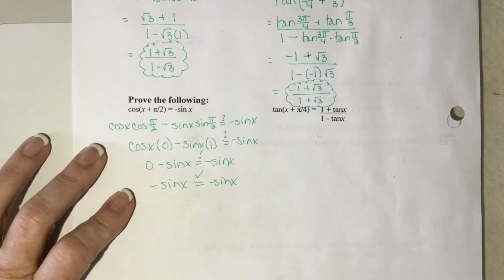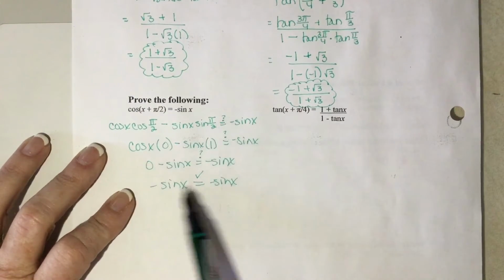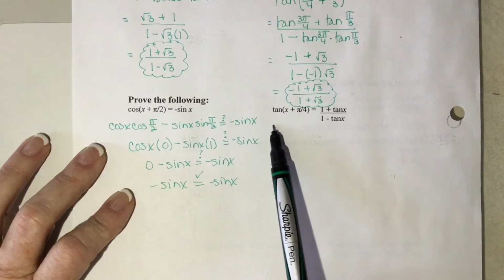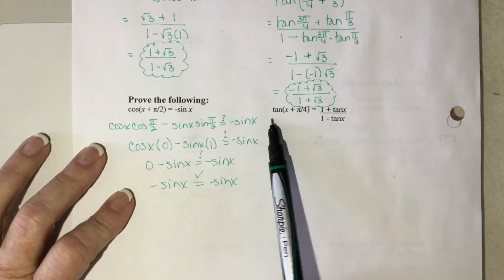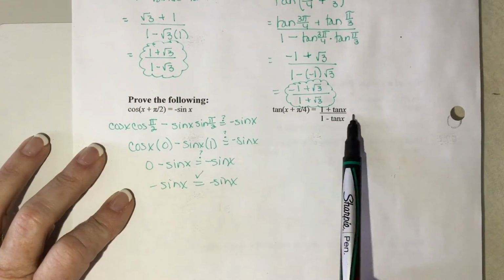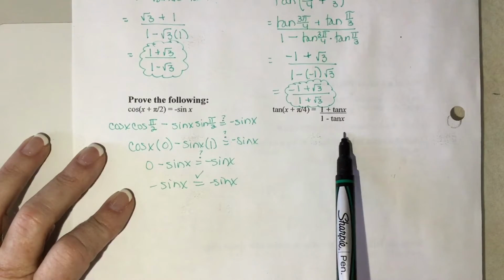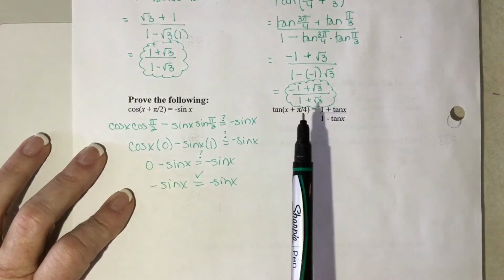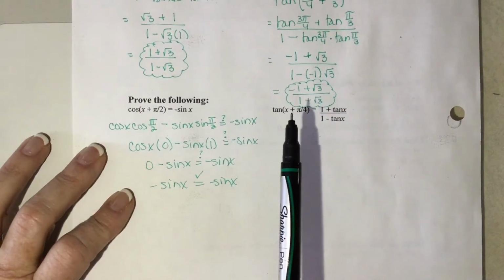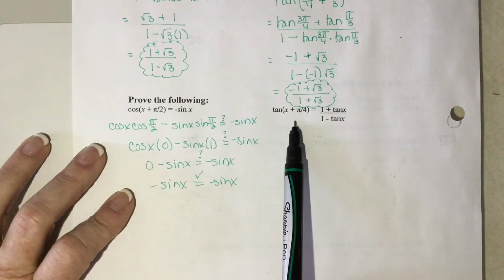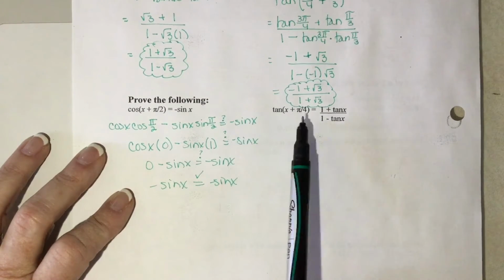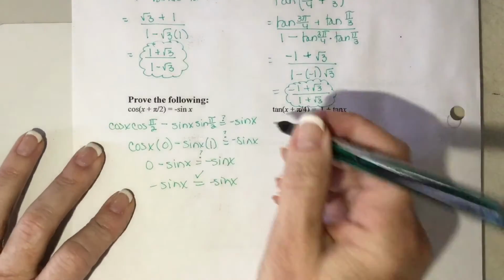Okay? Utilizing that same strategy, except now we're going to do it for tangent. We're going to prove that tangent of x plus pi over 4 equals 1 plus tangent x over 1 minus tangent x. So utilizing the formula that we just learned today, I want you guys to go ahead and work out the proof for this tangent one.